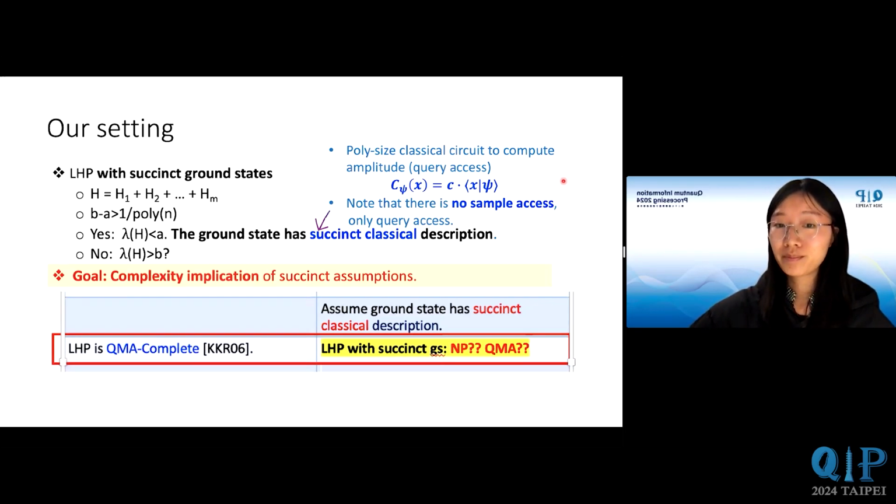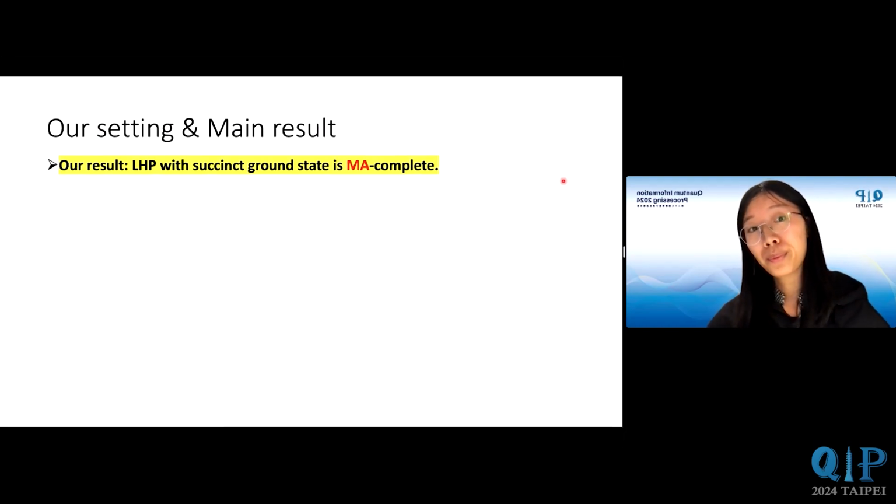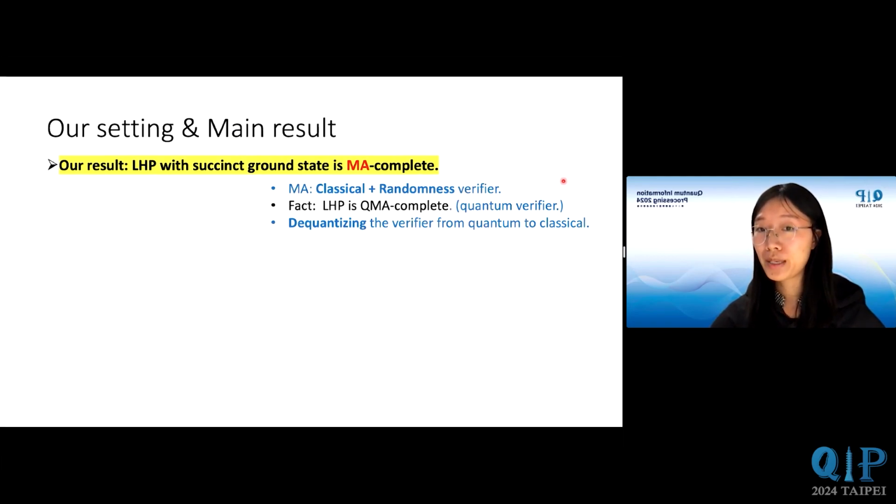This is the key question we want to answer. And our main result says that yes, this problem is classical. We prove the local Hamiltonian problem with succinct ground state is MA complete. And here, MA is a randomized version of NP, where the verifier can use classical computation and randomness.